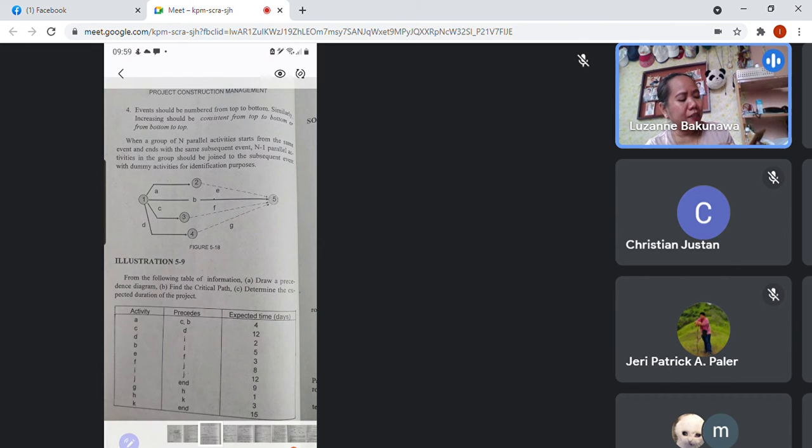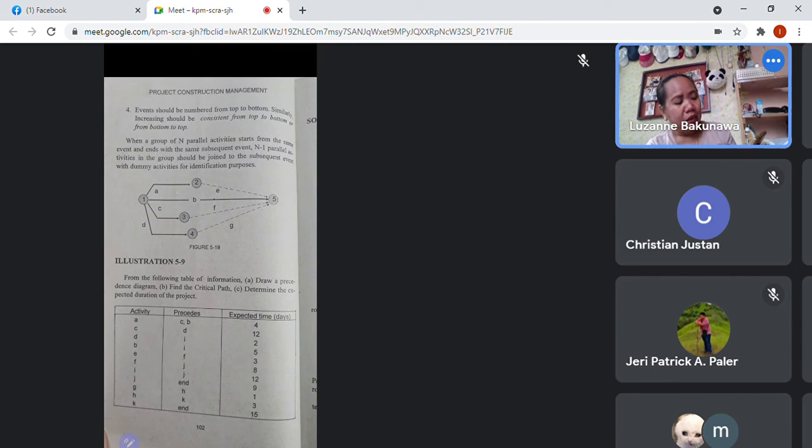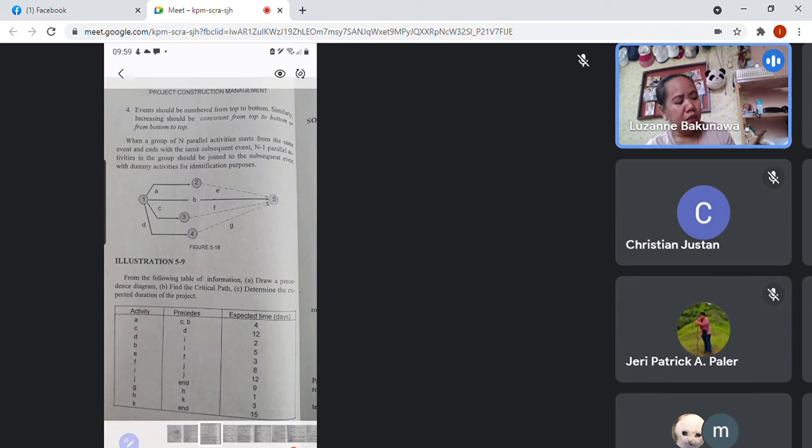But C can be conducted without B, and at the same time C and A. So a dummy is created here, to illustrate that the 4 activities have the same finish line. Okay.